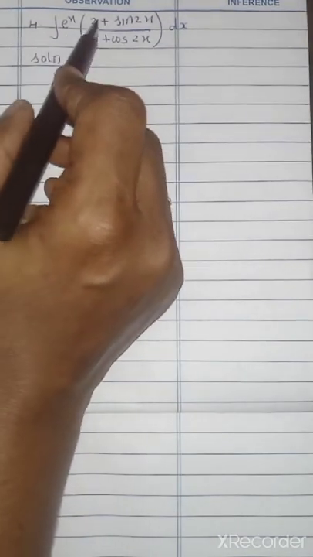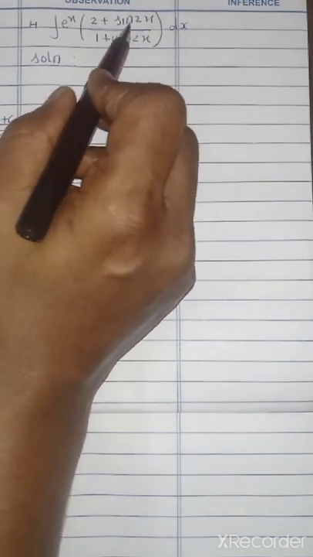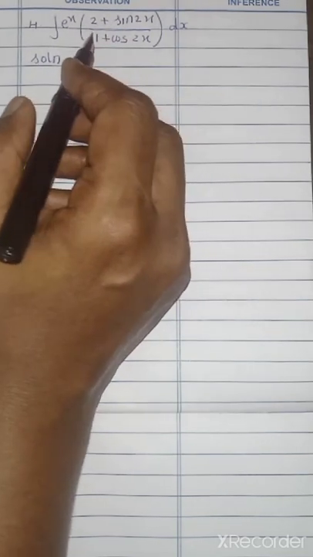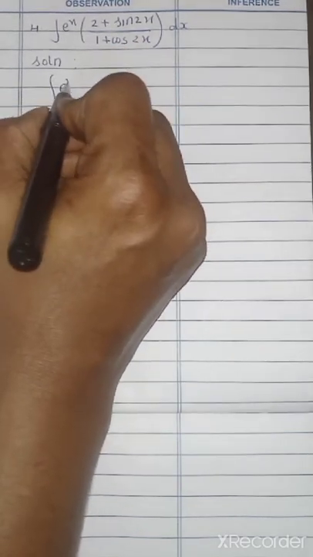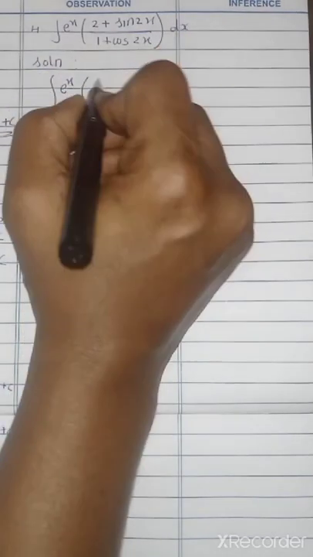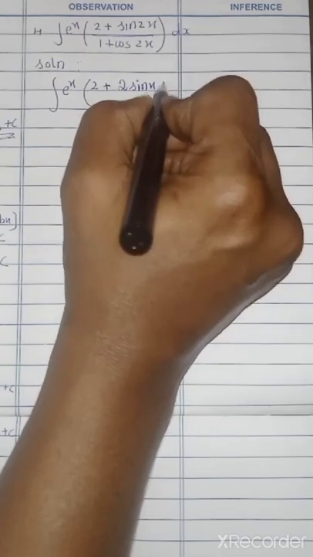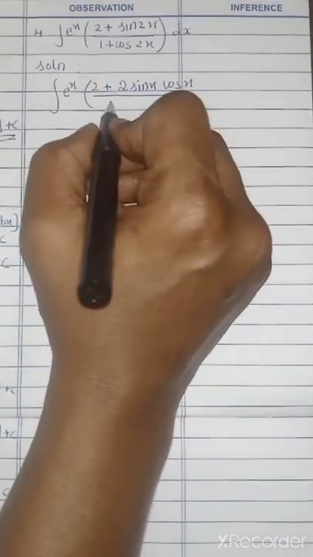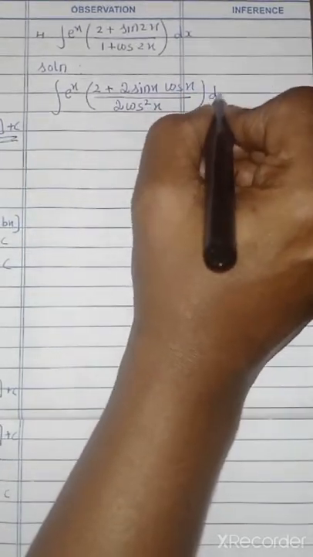Fourth question: integral e power x into 2 plus sine 2x by 1 plus cos 2x dx. First you have to simplify this into the format e power x into f of x plus f dash of x. So we can write this question as e power x, 2 as it is. Sine 2x formula is 2 sin x cos x, by 1 plus cos 2x formula is 2 cos square x, dx.